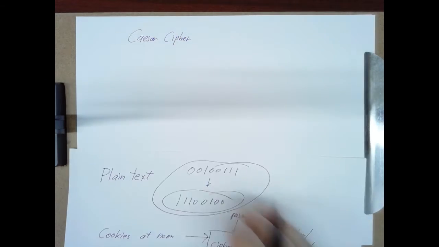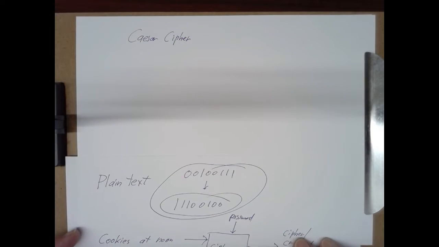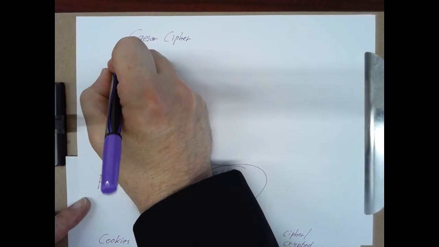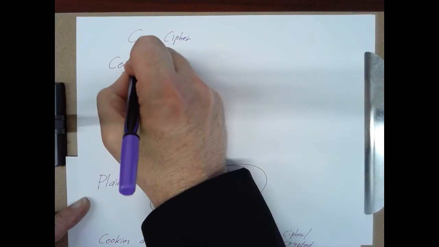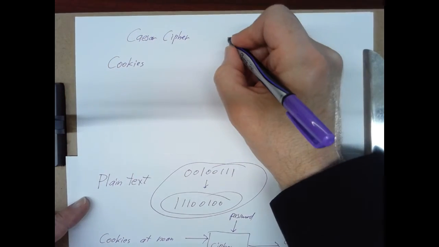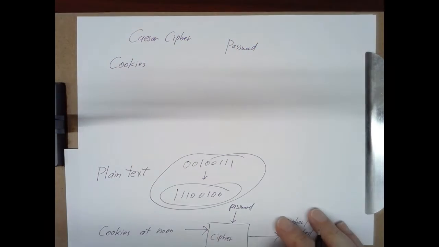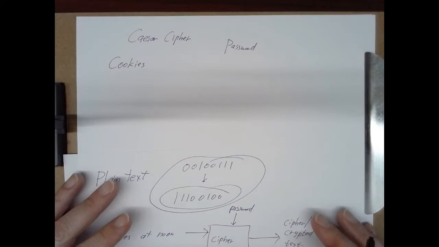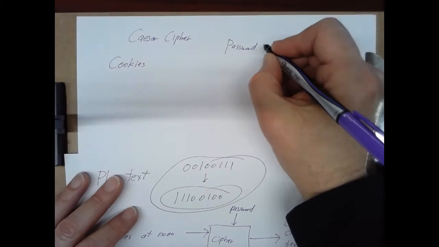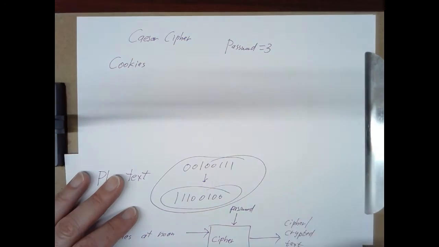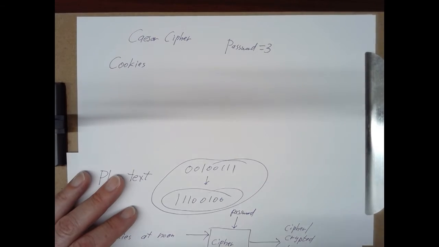This is called a Caesar cipher. So your password is an integer from 1 to 25. So let's say the password is 3. So what the Caesar cipher does is it takes each character and it adds 3 to it.